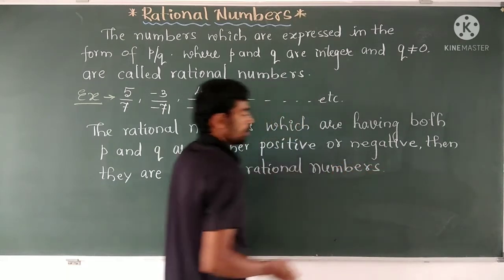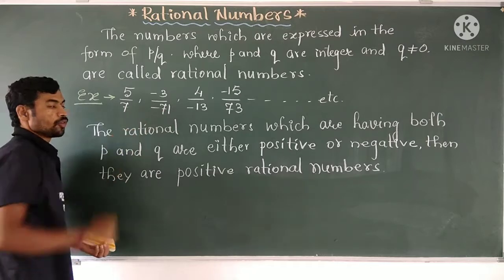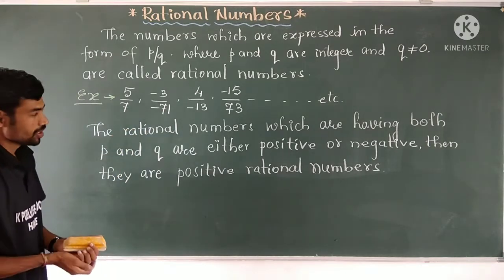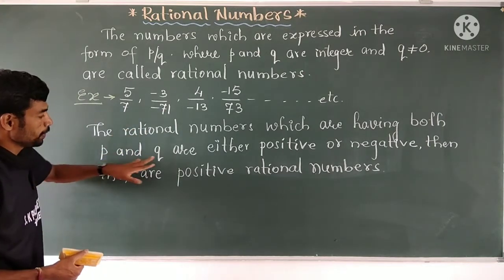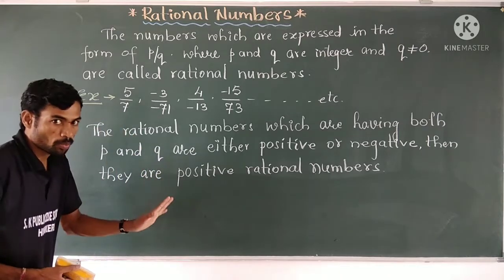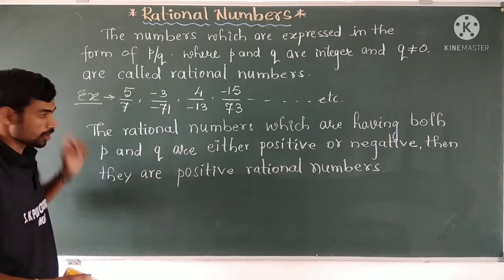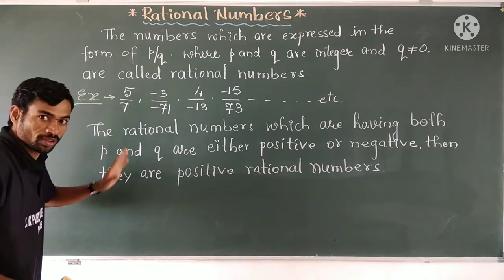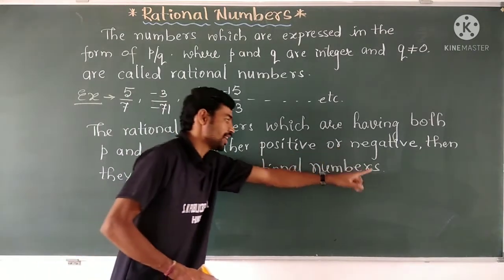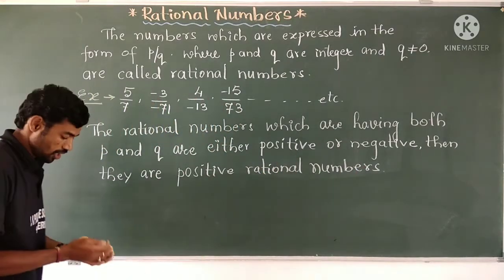So can you tell from the examples which are positive rational numbers? Here both P and Q are either positive or negative. If both P and Q are positive, it is a positive rational number. If both P and Q are negative, then also it is a positive rational number.